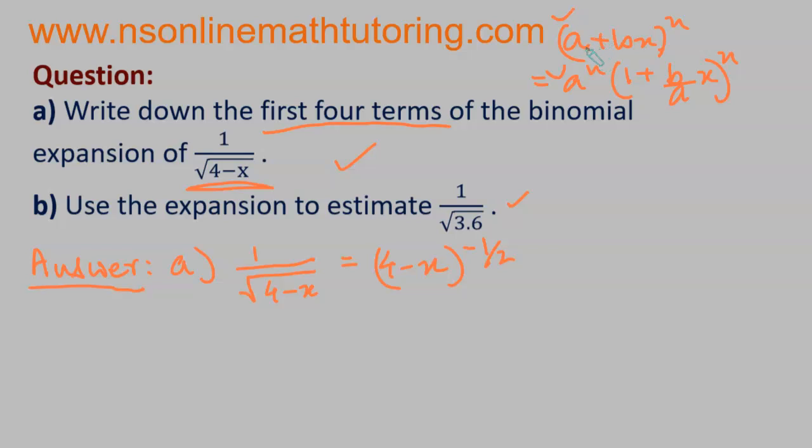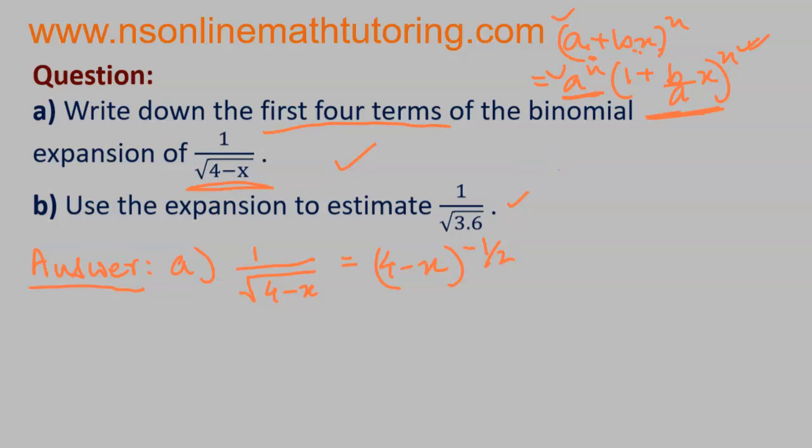You take out this a as the common factor between these two factors and it becomes a times, within parenthesis you have this part 1 plus b over a times x, and the whole thing is getting raised to the power of n. If we separate the two factors, they become a to the power of n multiplied by 1 plus b over a times x whole raised to the power of n. Okay? So a raised to the power of n will be staying and it will be getting multiplied with every term of this expansion. And since n belongs to the set of rational numbers, this will be an infinite series.